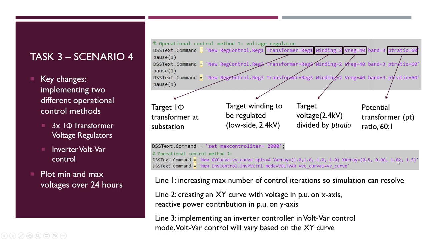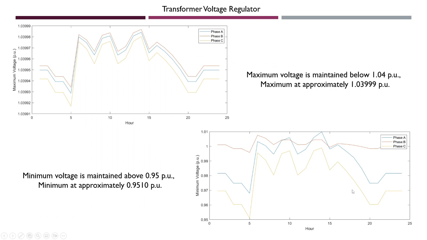And then once we start going above 1 per unit, which is the perfect voltage, we start taking out reactive power using the PV system and continuing to take out the maximum at 1.5 per unit as a worst case scenario. And so inverter control must be set to volt-var mode, and you can provide it this curve that you determine beforehand.